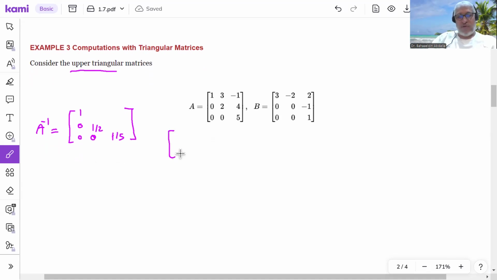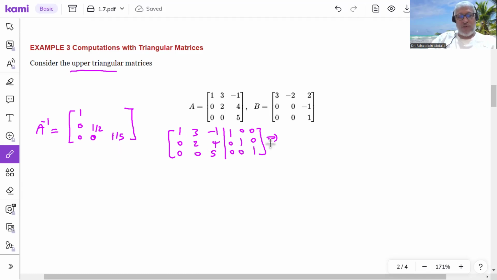I have to use the method that we mentioned before for finding the inverse of a square matrix. You write the matrix here and the identity matrix here, and you work with this matrix, change it to the identity, and then the other matrix would be changed to A inverse. I have 1, 0, 0, that's good.